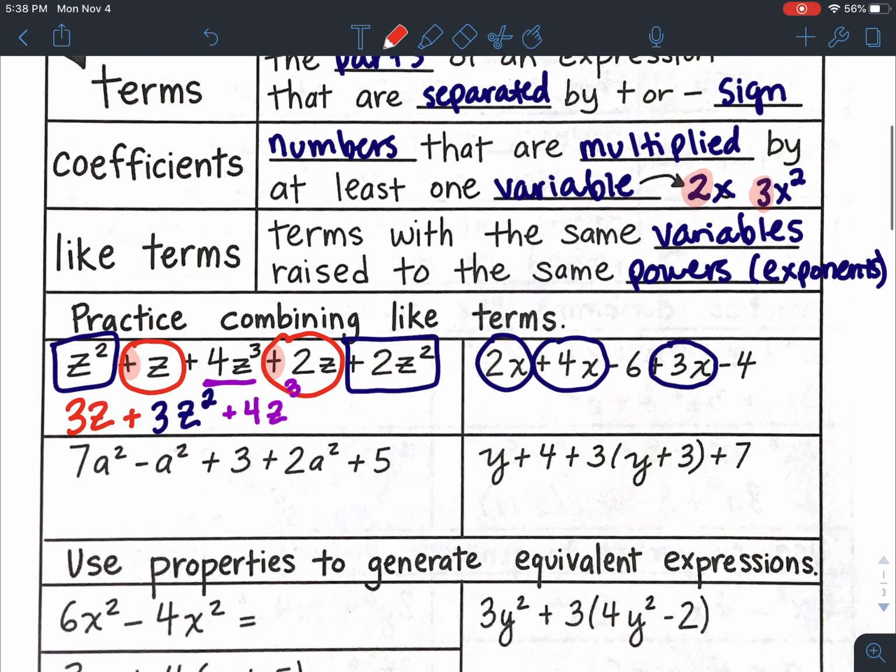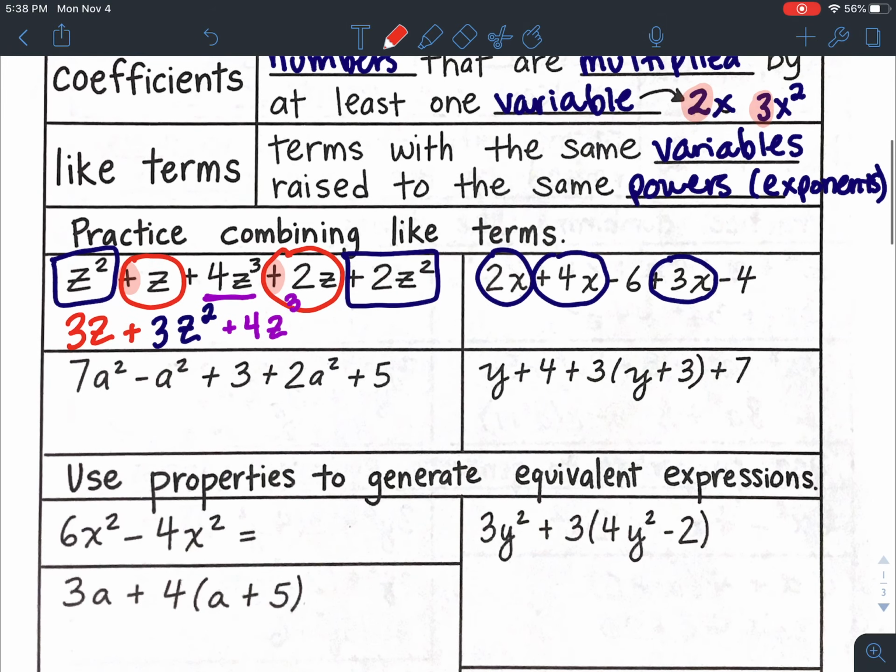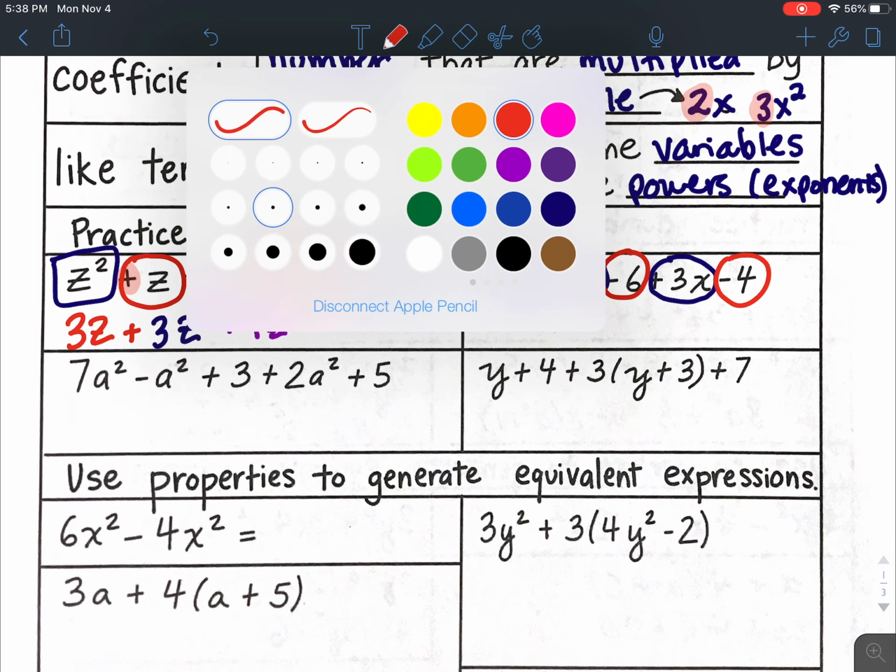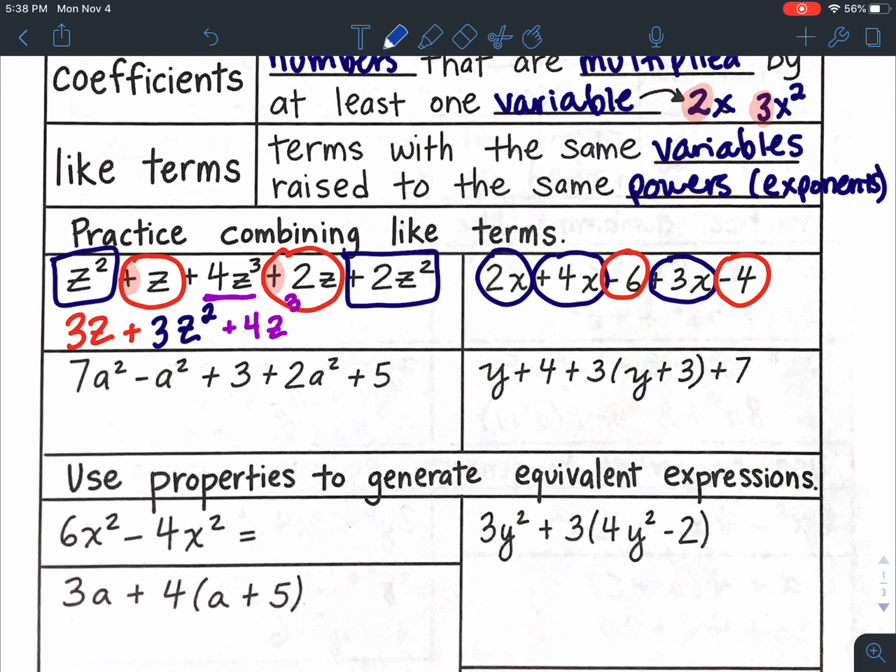These are just called constants. So my constant numbers don't have a variable with them. It's just a plain number. But I still want to combine those together. So I have minus 6 and then minus 4. So when I go to combine these numbers together, I have 2x plus 4x plus 3x. Well, if I combine all that together, 2 plus 4 gives me 6, plus 3 gives me 9.